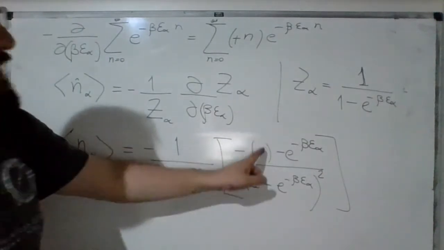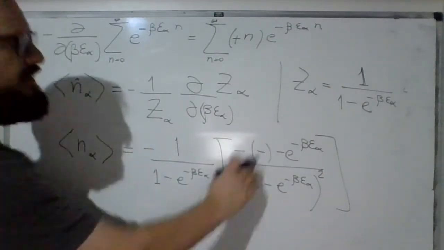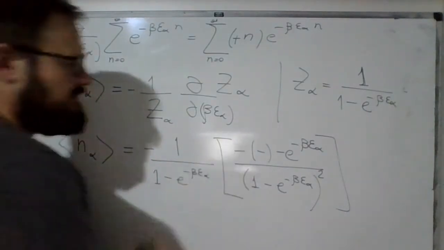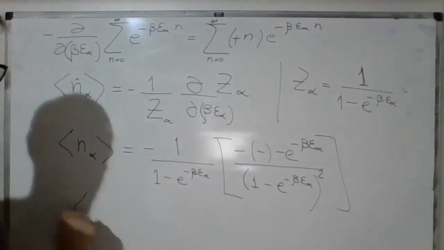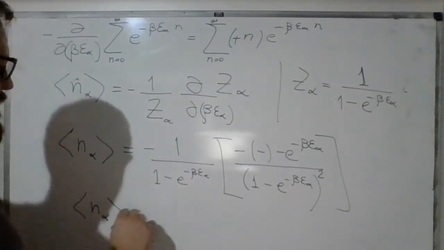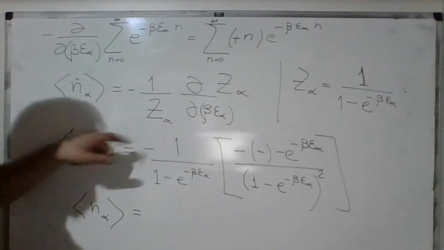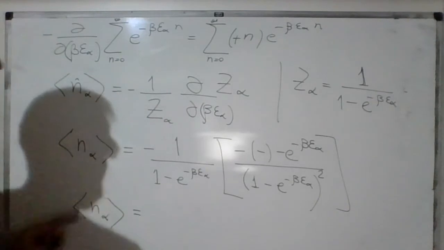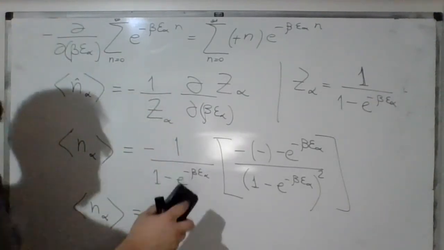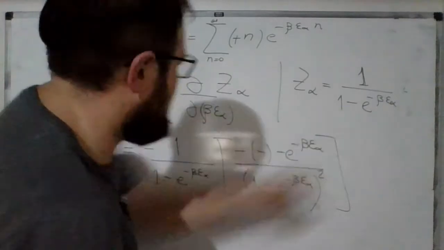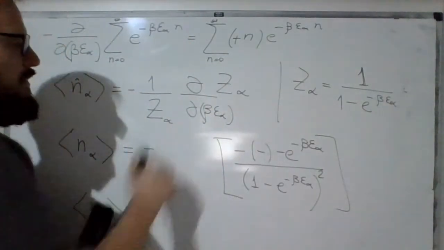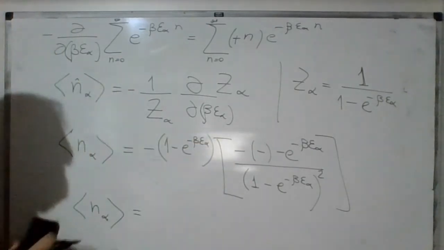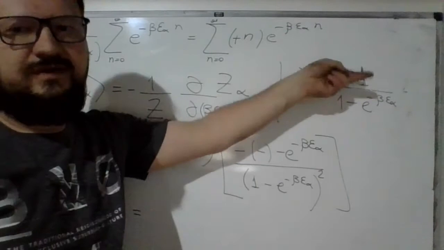So minus times minus is just one factor of minus, which cancels out this product of minus signs, and therefore we have the following equation. 1 over z. 1 over z is, the inverse of the z is, as a matter of fact, 1 minus e to the minus beta e alpha. Okay, this is what we have, the inverse of this function.